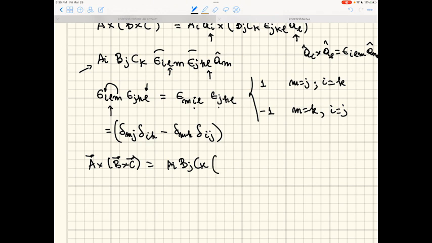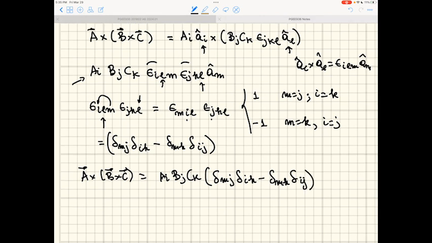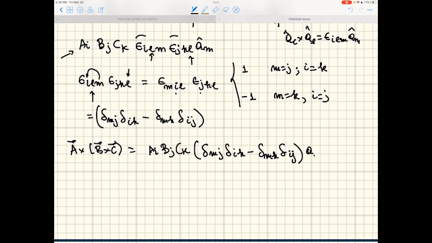It's going to be delta Mj delta Ik minus, one of them is 0, the other is non-zero if the condition is violated. So delta Mk delta Ij times Am, right? The versor is Am.